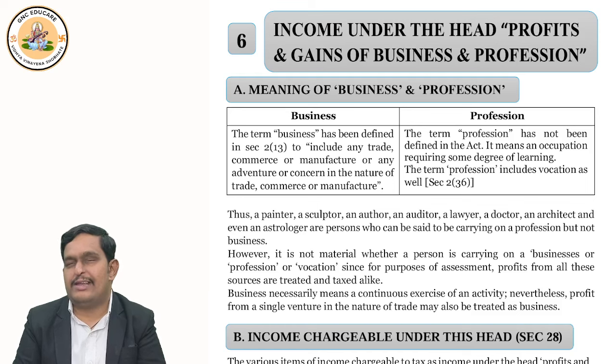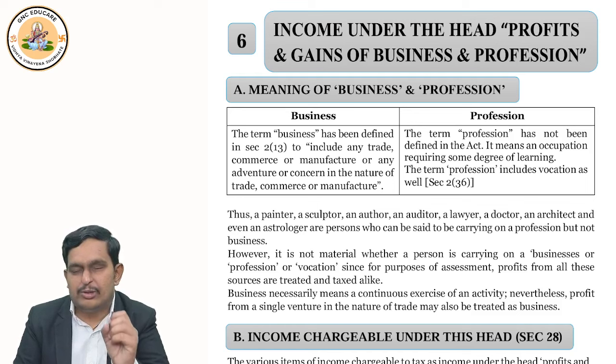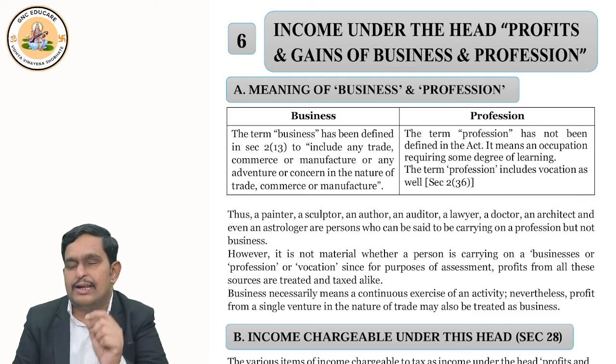Now there are so many aspects to it, but as of now simply remember this much. What I said, section 28 is income, section 41 is income. When we total these two incomes, we have to deduct expenditures which are mentioned from section 30 to 37, and then you get the business income.